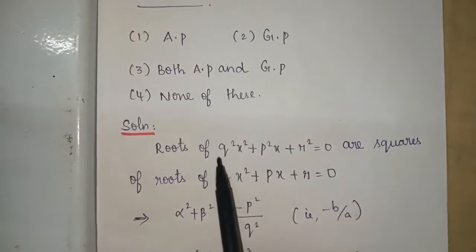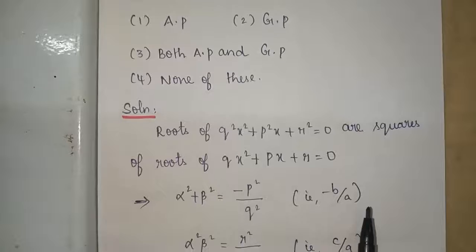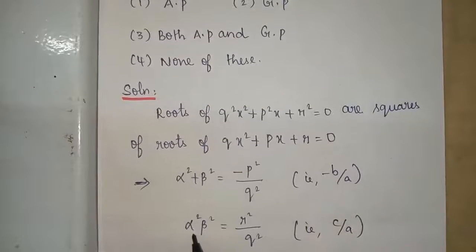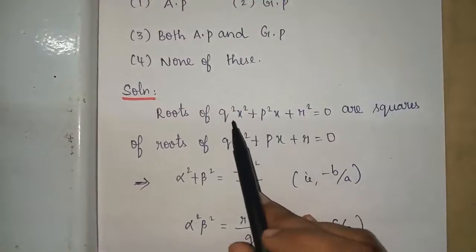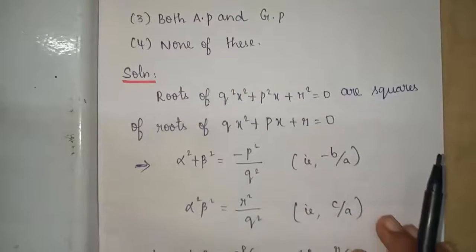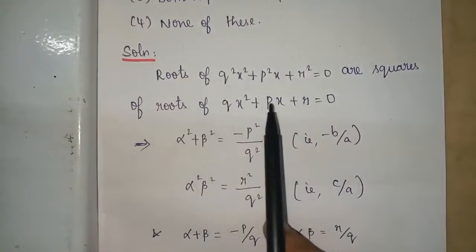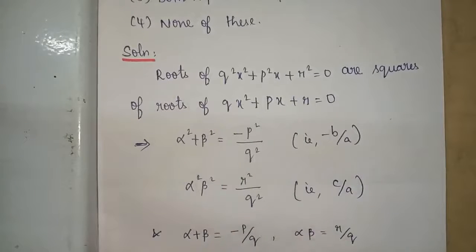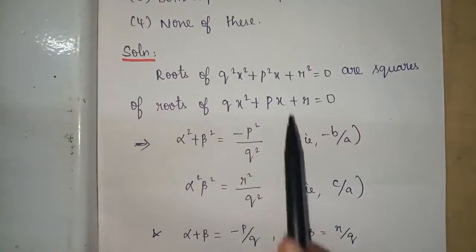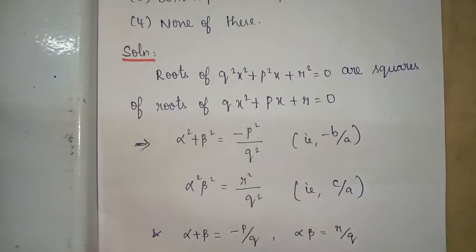So minus p square by q square. Similarly, you have to find the product of roots. Alpha square beta square is equal to c by a. So r square by q square. Similarly, you have to find the sum of roots and product of roots of this equation. So minus p by q is alpha plus beta, and alpha beta is r by q.